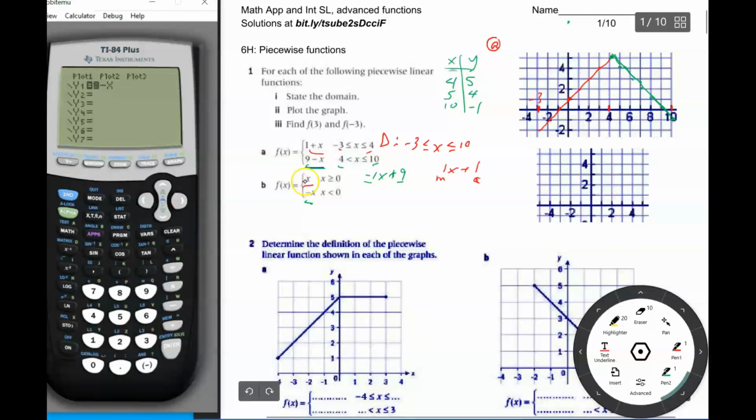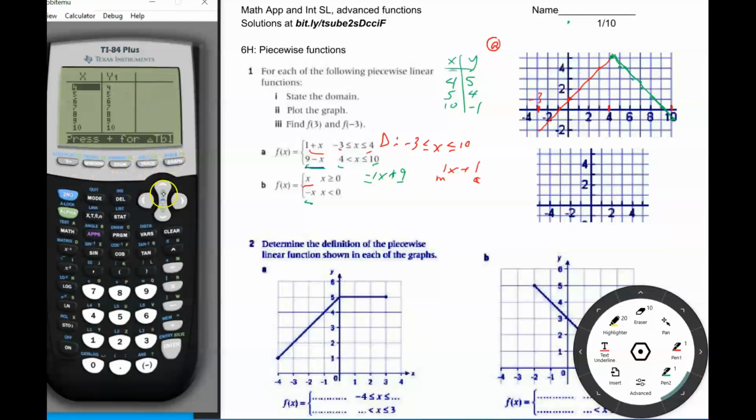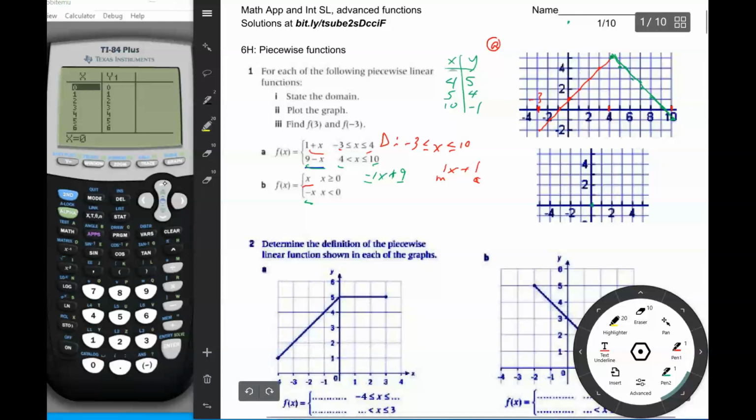Although this would be the line mx plus c, it would be 1x plus 0, so the slope would be 1 and the y-intercept would be 0. So I'm just going to put x here, and then look at the table. Basically the y value is the same as the x value because y equals x, right? So I'm going to graph those points, and this is valid for x greater than or equal to 0.